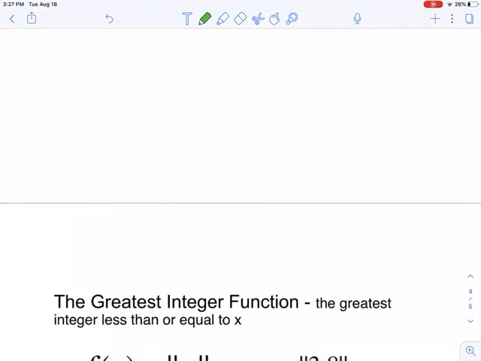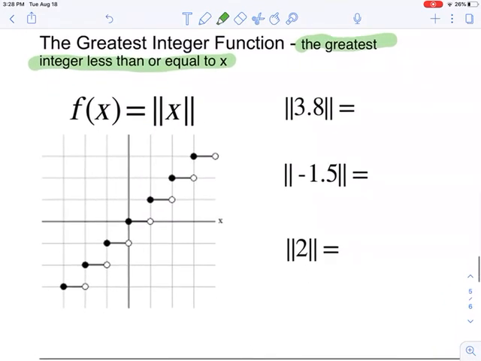But this is what the greatest integer function is. The greatest integer function takes the input and the output is going to be the greatest integer less than or equal to x.